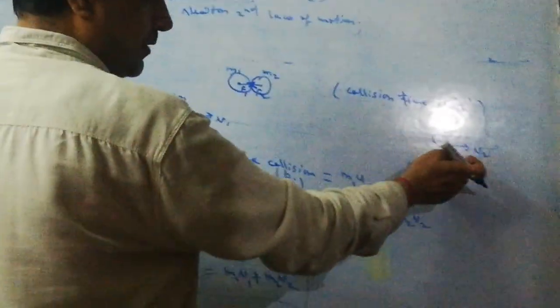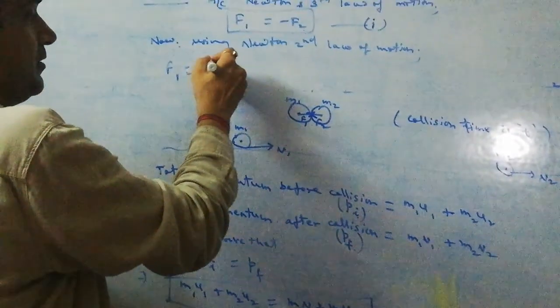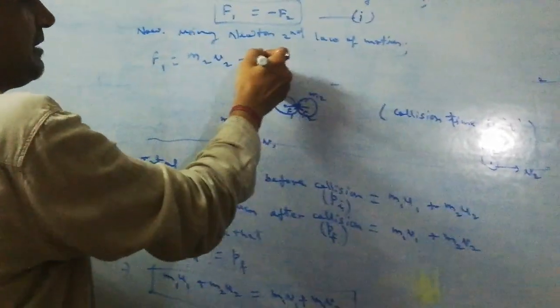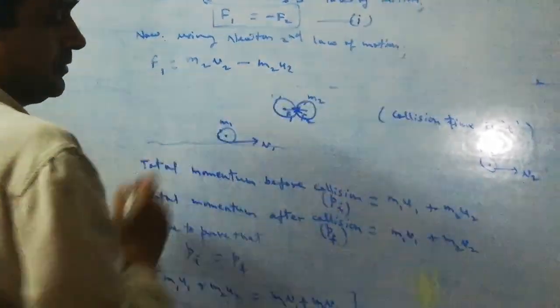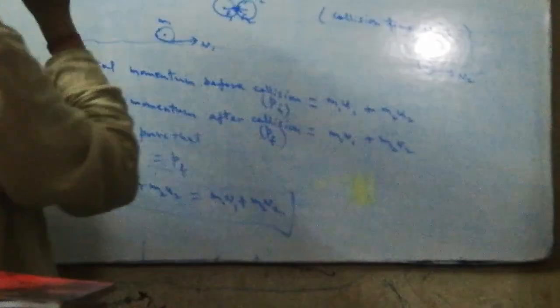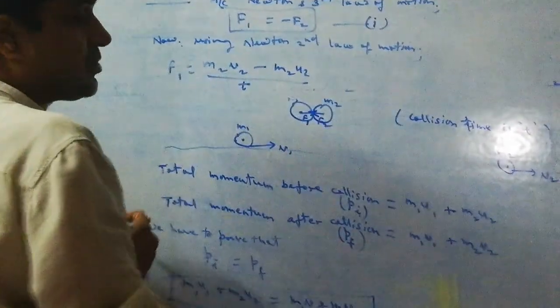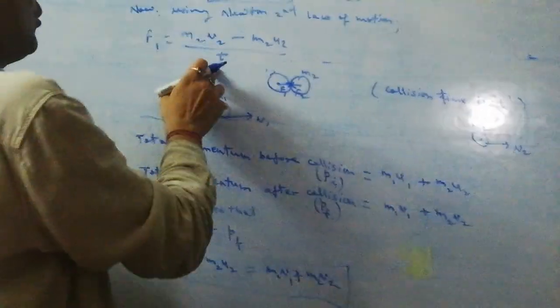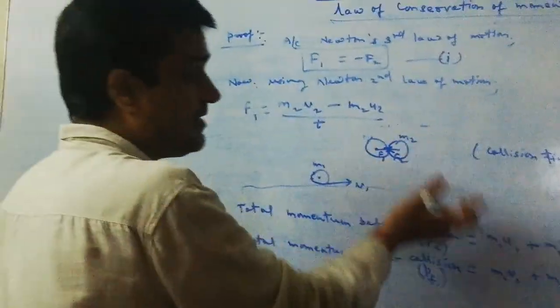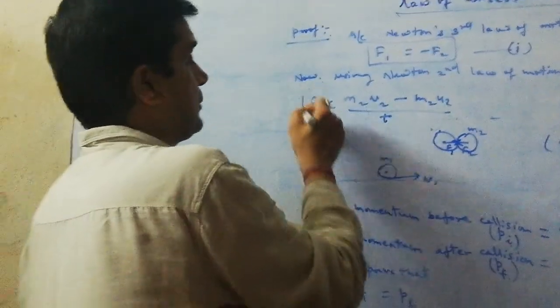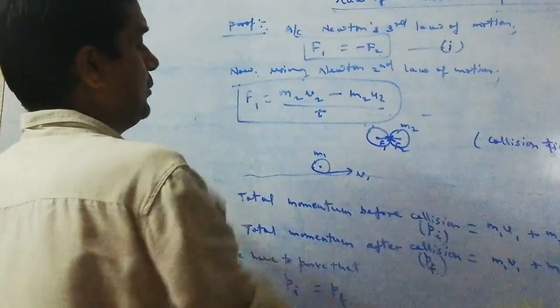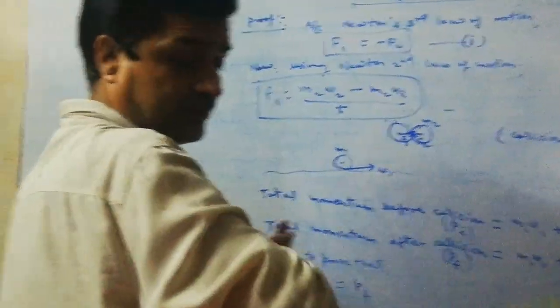Final momentum m2 v2 minus initial momentum m2 u2, that is of the second body, divided by the time t, that is the collision time. In this time only the momentum change has taken place. So that is F1. So now what will be F2?